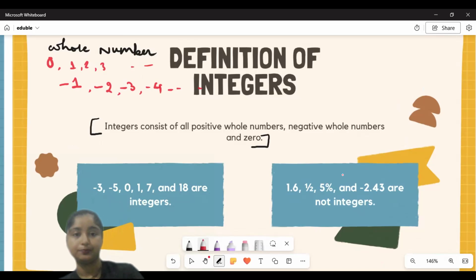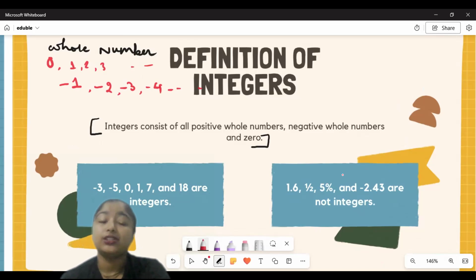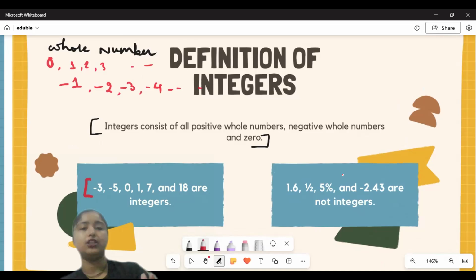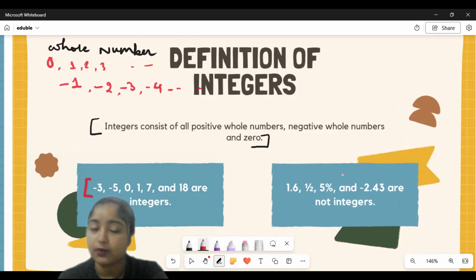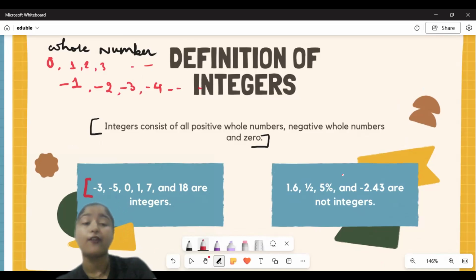Also zero. Now, it's very important to focus on this: -3, -5, 0, 1, 7, and 18 are integers because they are either a negative whole number, a positive whole number, or zero, right? But if you look at the numbers on the other side, for example 1.6, or 1 by 2, 5%, or -2.3%, they are not integers.